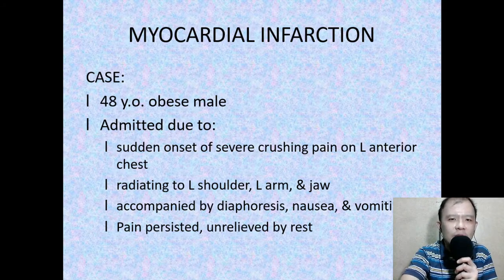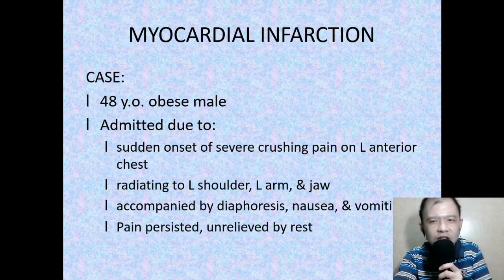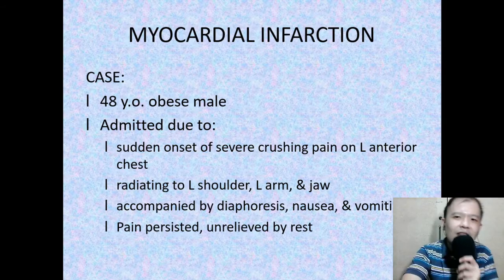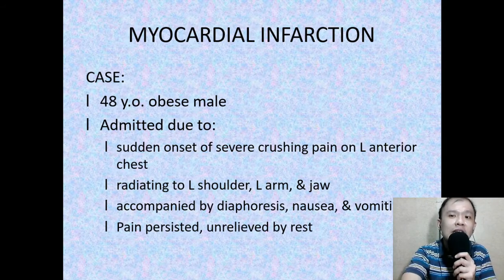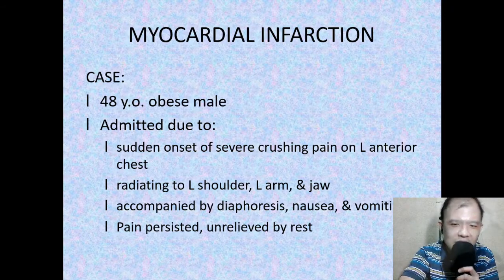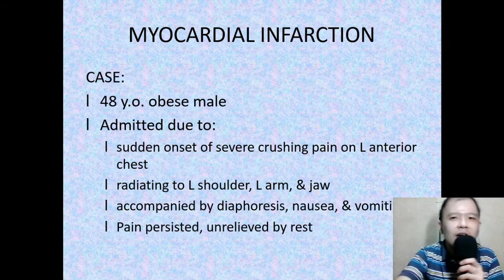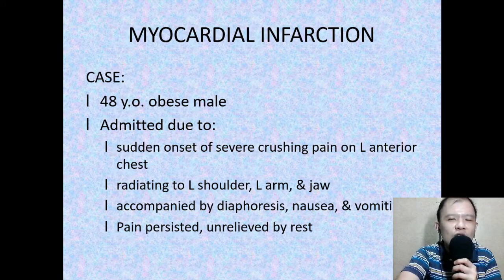You mentioned myocardial infarction. That's one. But what is the other differential diagnosis that is not cardiac, but we have to consider also? It is acute gastritis. First of all, myocardial infarction should be ruled out because it is an emergency.